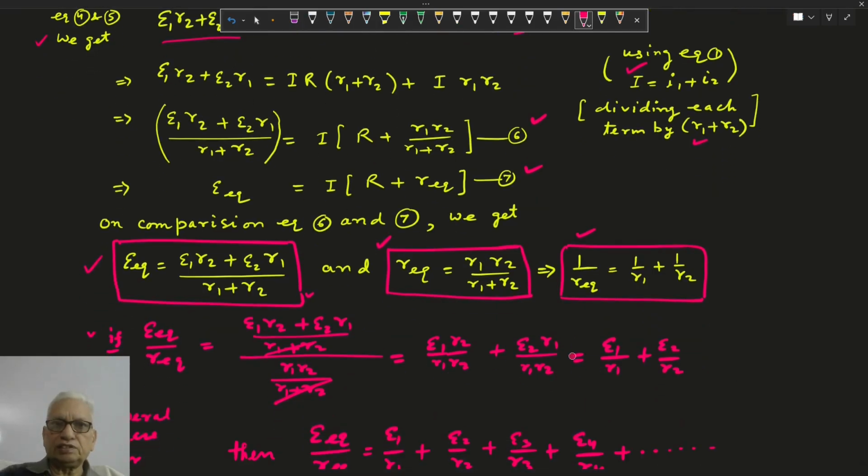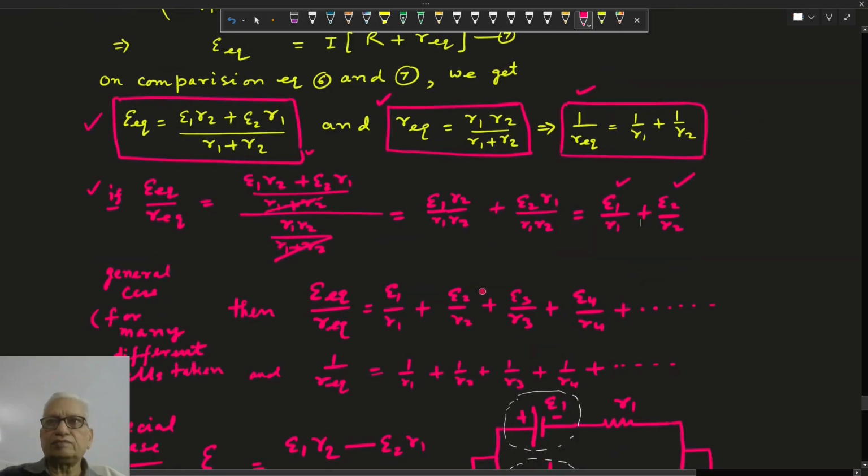Let's suppose you divide E equivalent divided by R equivalent, this by this. Here R1 plus R2 कैंसिल हो गया, तो अगर हमने E1 R2 को R1 R2 से डिवाइड किया तो R2 कैंसिल हो जाएगा, फिर R1 कैंसिल हो जाएगा, so E1 upon R1 plus E2 upon R2, ऐसे भी लिख सकते.